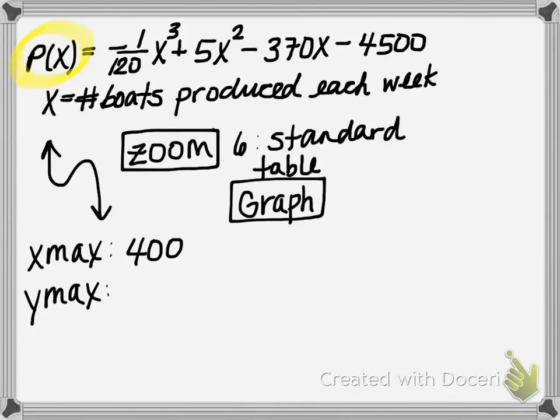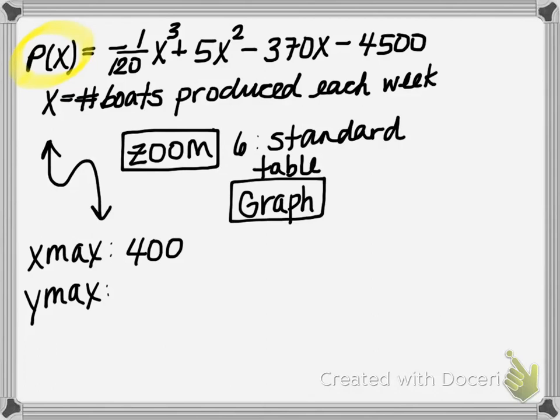It looks like it's not until you get into about the 100 range for X, 100 boats, then we start to get a positive profit, right around 100 finally. This is just giving you an idea of how large the X values and Y values need to be. So for example, if we were to make 100 boats, it looks like, if you look at your table, the profit is about $166.67.